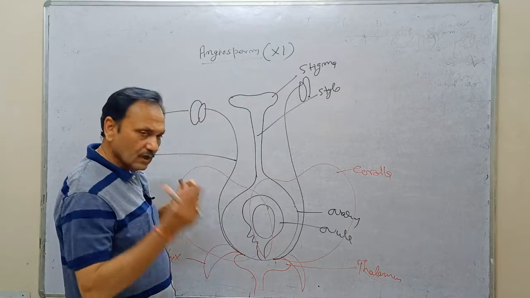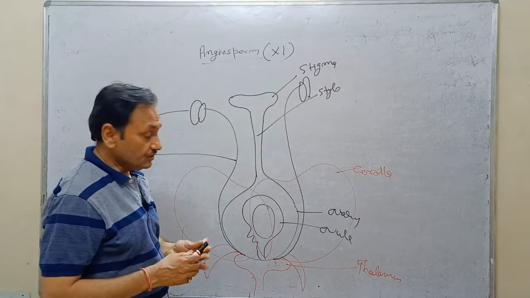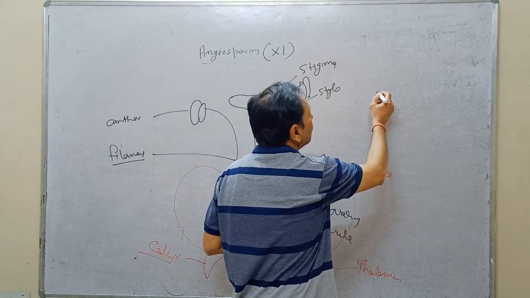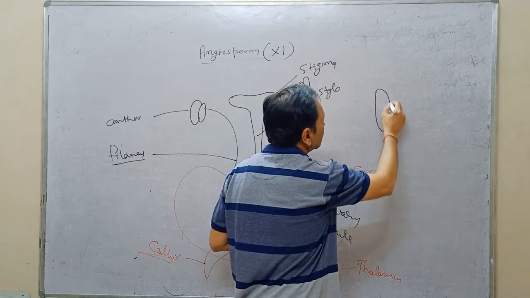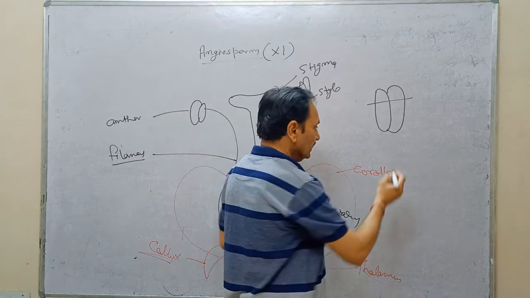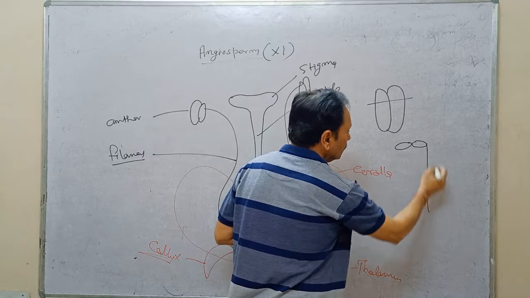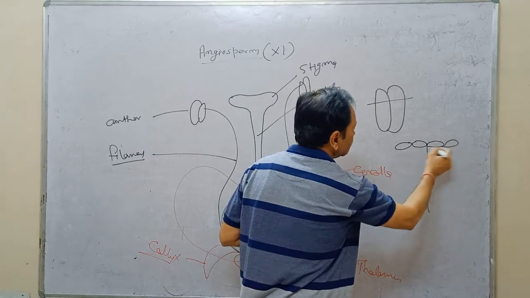Just a few definitions in the anther we will have to study. If you cut a section of the anther, suppose this one is the anther, then we can observe that there are two tube-like structures present here.